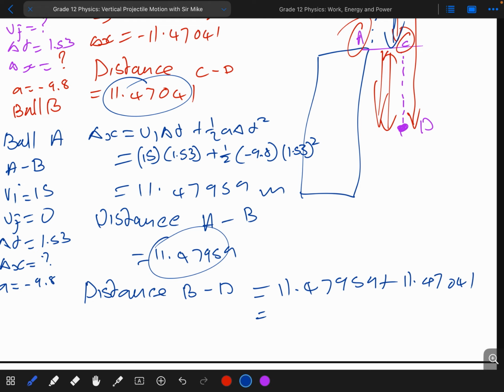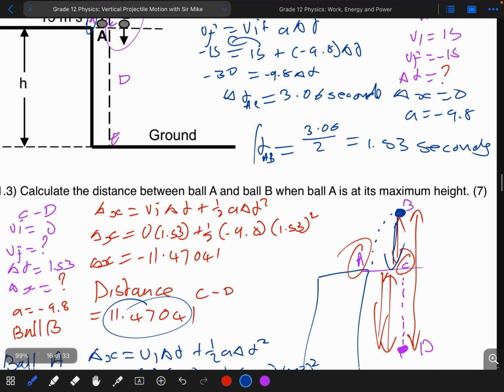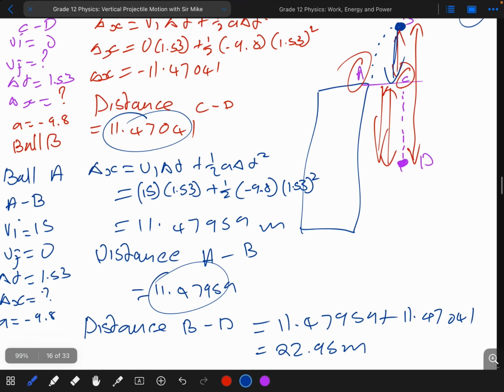If you put all of that into your calculator, you're going to get 22.95 meters. So that would be how you'd have gotten those 7 marks.